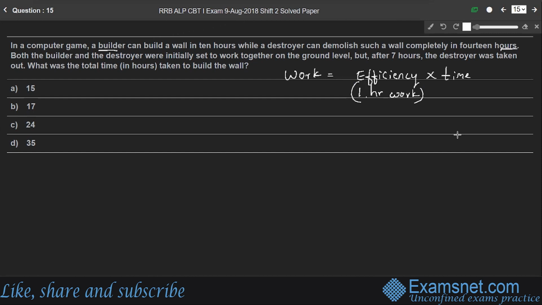So it is given that builder can build a wall in 10 hours. If you consider W as work, T as time taken, so work done by builder will be, so his efficiency.